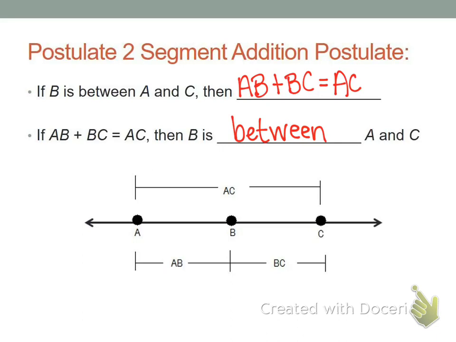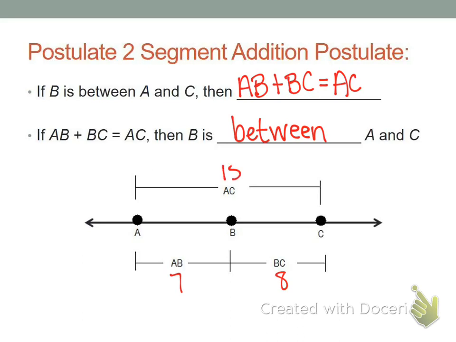If I were to label AB as having a length of 7, and BC as having a length of 8, then what would that mean about AC? It's 15. How'd you get that? Because you add them together.